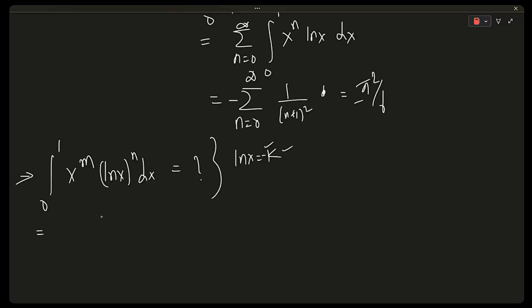And then if I basically bring x in terms of k, then I'm getting e to the power k into m plus 1, k to the power n plus 1 dk. And again here I'm getting the choice of expanding e to the power k m plus 1.